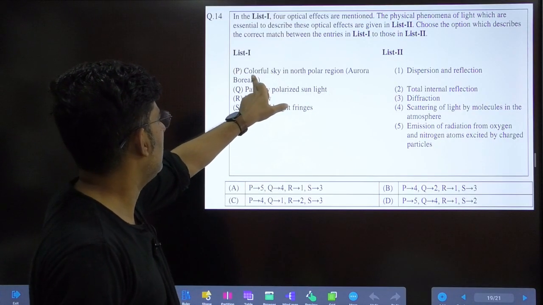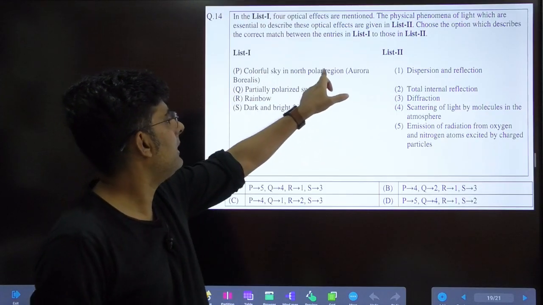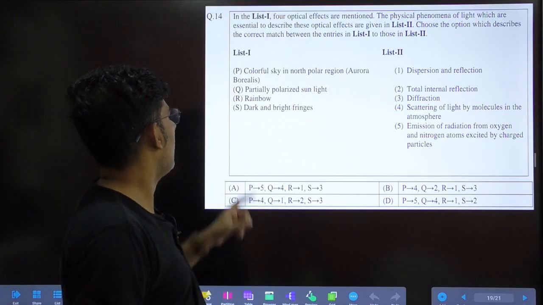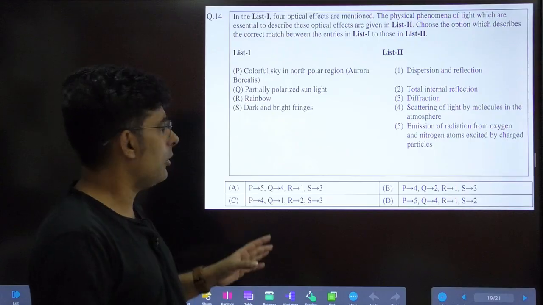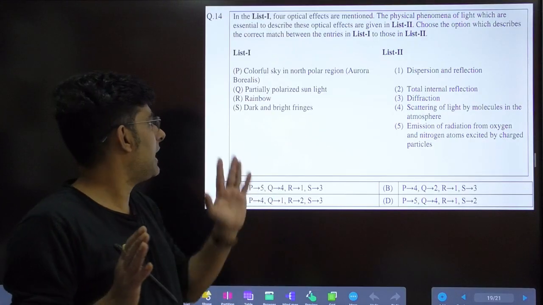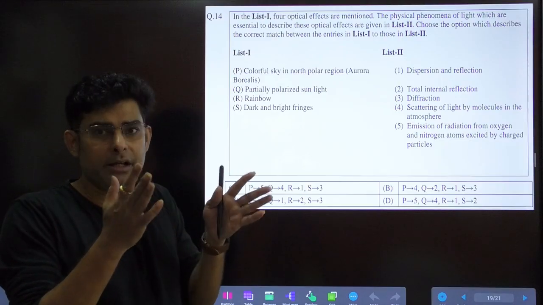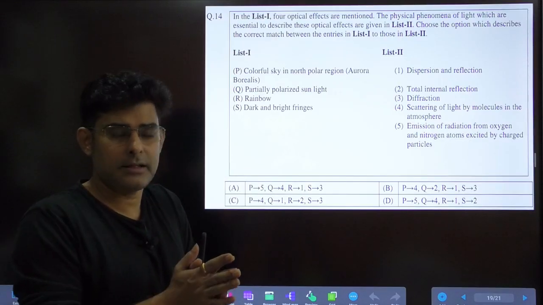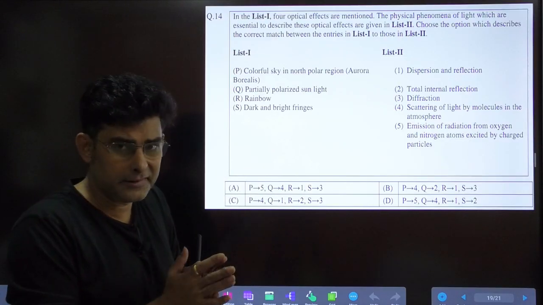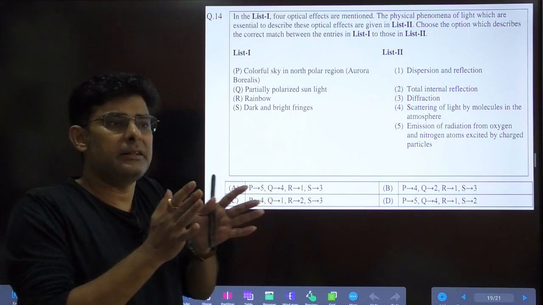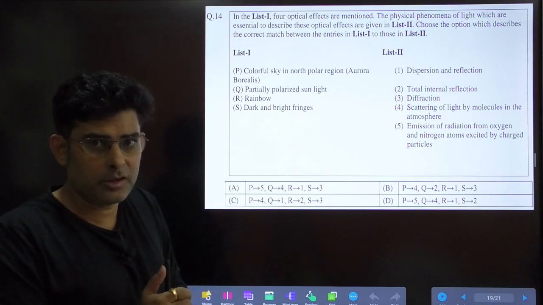So in list 1, the first one you can see is colorful sky in North Polar region, aurora borealis. Now what is the mechanism for this? Our sun keeps on shooting charged particles in space, in the form of solar winds. These solar winds try to enter the atmosphere of Earth also.